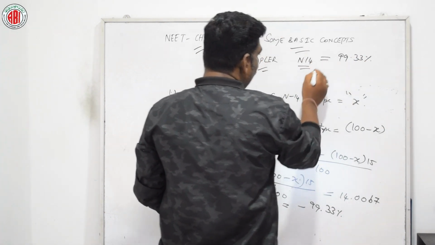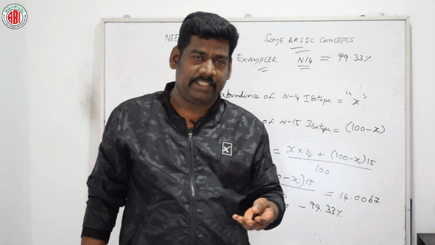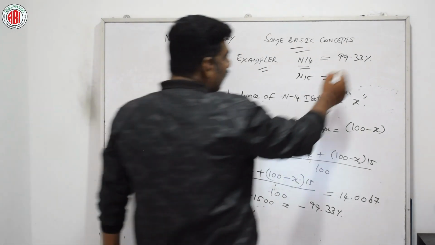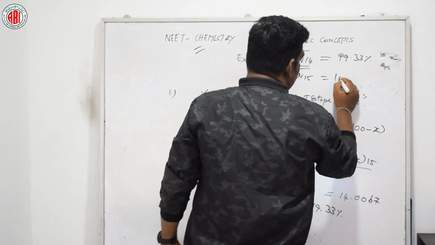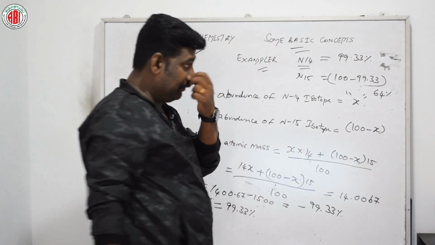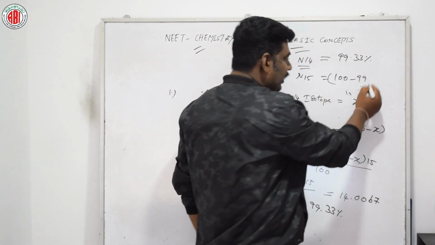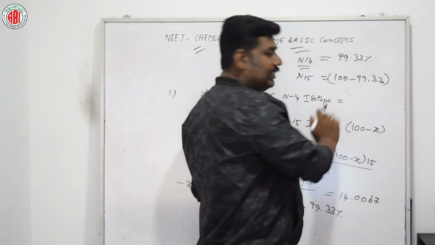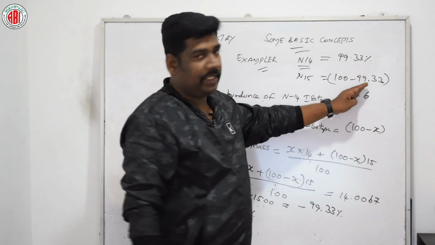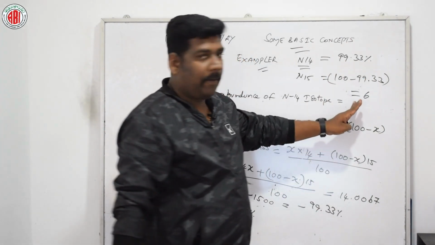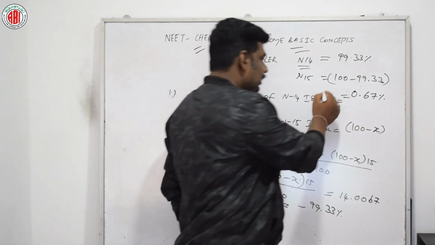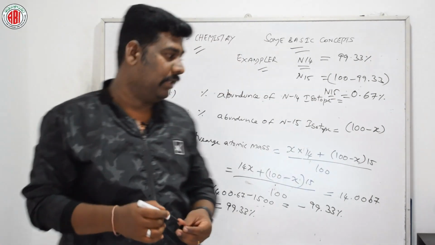That means the percentage of the nitrogen 15 isotope is 100 minus 99.33, which is 0.67%. So this is the abundance of the nitrogen 15 isotope. By this way we can solve this problem.